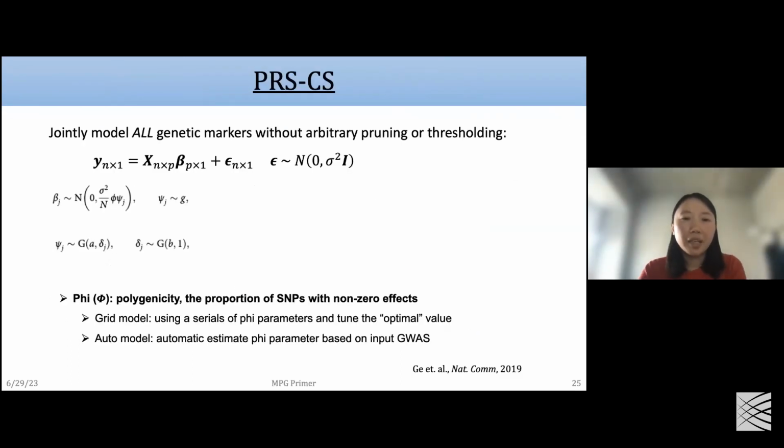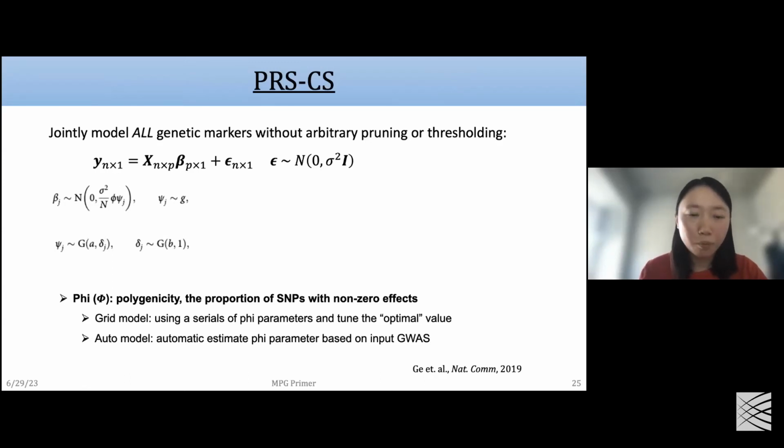PRS-CS is a more advanced Bayesian method. It can jointly model all the genetic markers without specifying any arbitrary thresholds for p-value or LD R². Here I won't go into details of the method, but I want to highlight one key hyperparameter, which is the polygenicity.